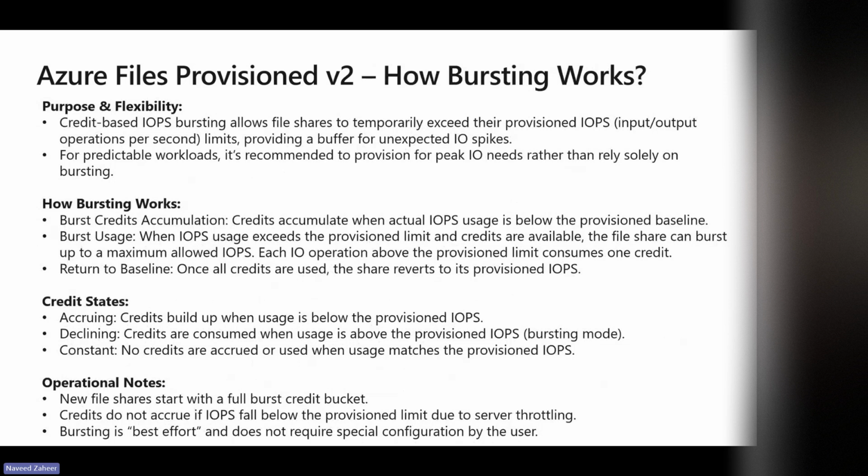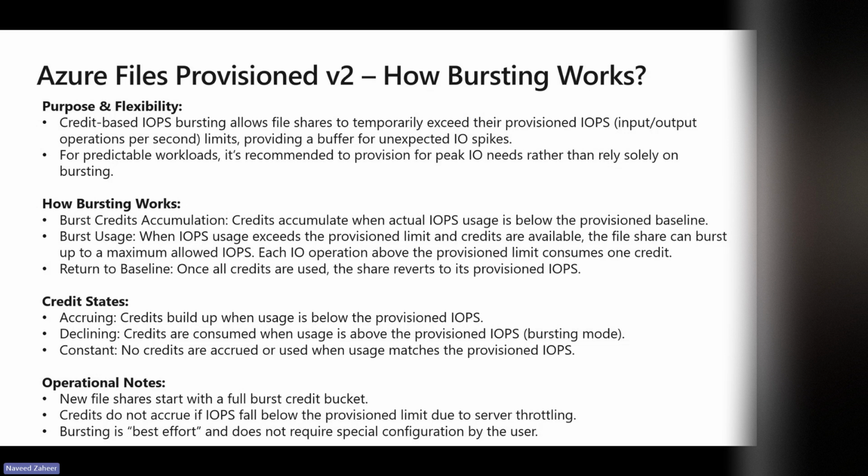The way bursting works: let's say you set a certain IOPS and capacity level for your storage account, and let's say it's 100, and you are using 80. Provision is 100, you're using 80. Whatever you're not using goes into a bucket. Think of it as your IOPS savings account.